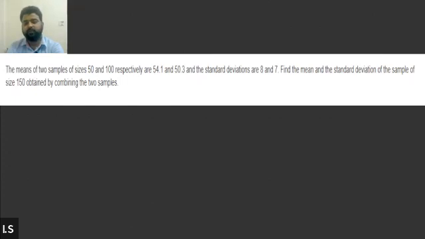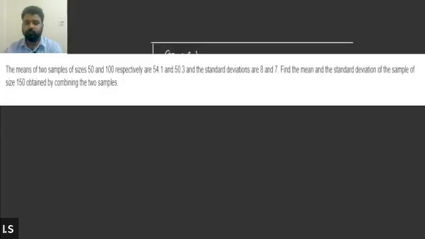The combined standard deviation of the first and second series equals under root, n1 is 50 into the square of the standard deviation of the first series, that will be 64. Then we have to underroot it. Yes, we need to underroot it. Oh, I didn't write that.